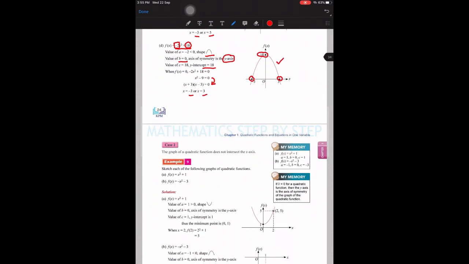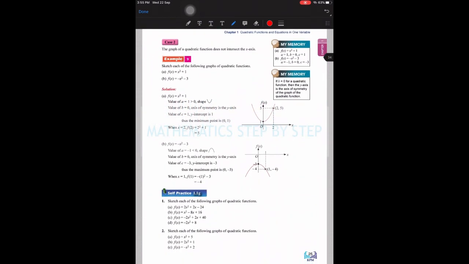Now let us go through this example 9 together, for the case where the graph does not intersect the x-axis at all. f(x) equals x squared plus 1. We know that a equals 1, so a is greater than 0, it is a smiley. We know that b equals 0, so the y-axis is the axis of symmetry.